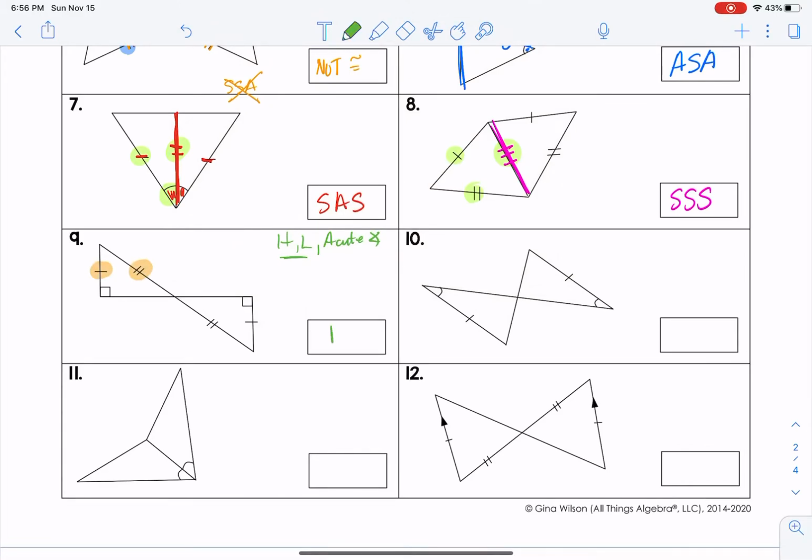So that gives me hypotenuse, leg for congruency. For number 10, these are vertical angles, so they're congruent. So then I have angle, angle, side that I can use for congruency.